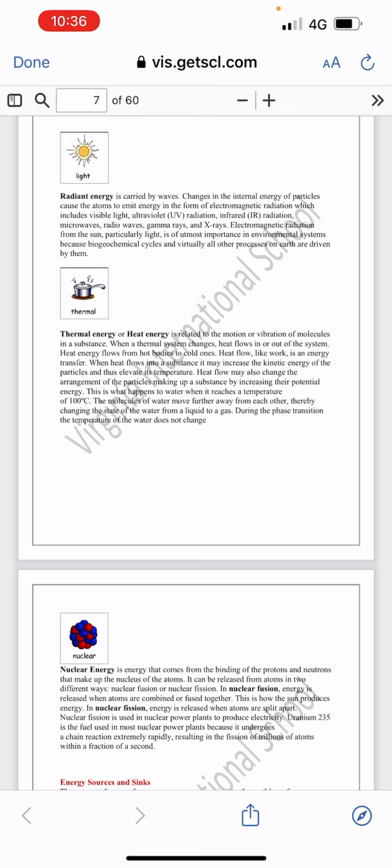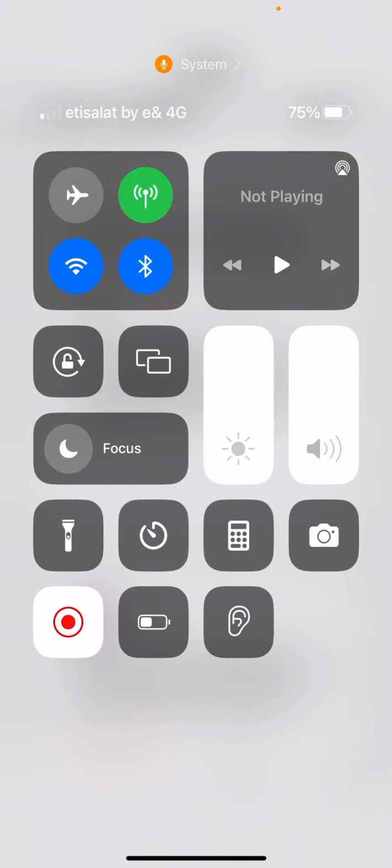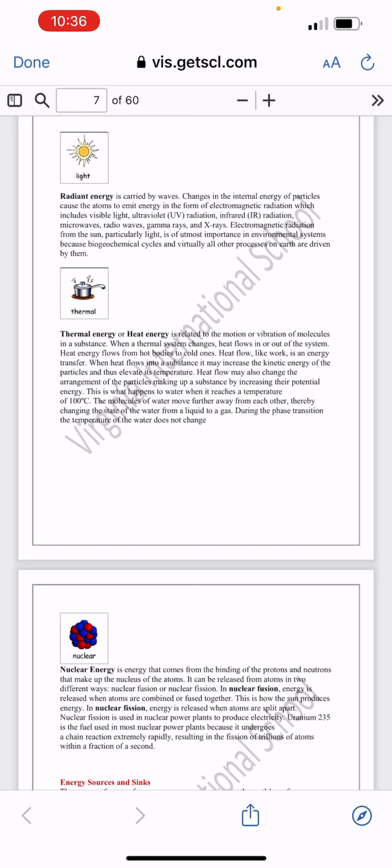And also the radio waves and also the microwaves. Okay, so this is the radiant energy that comes from the sun. It comes with many waves, and for each wave we have a specific use.